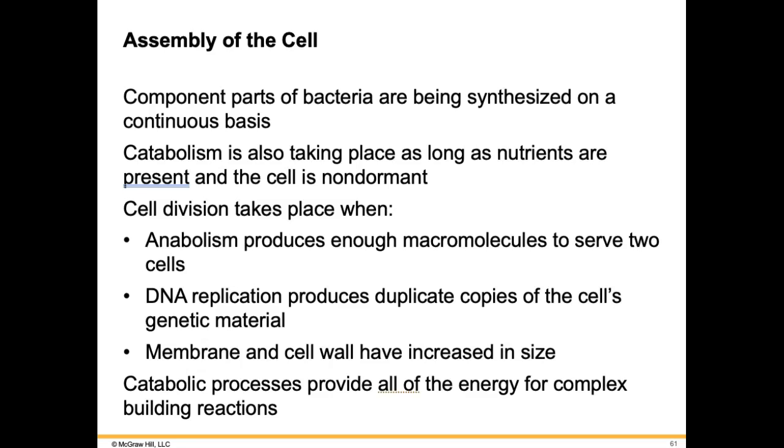And cell division takes place when anabolism produces enough macromolecules to serve two cells. So through the process of breaking down whatever carbohydrate it is, the cell continues on using that energy to build macromolecules, hopefully enough to serve two cells, and that's when cell division will happen.